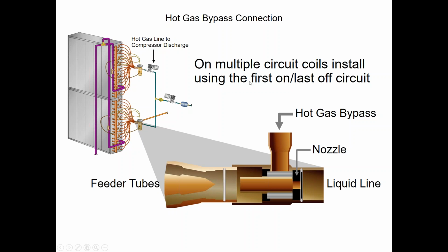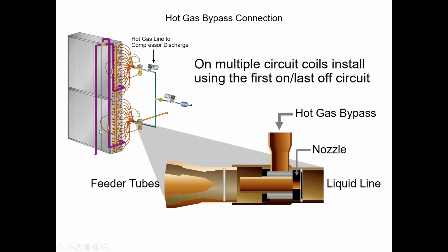And this is probably a good slide to go back to that question. When we look at the coils here, we have two individual coils that are stacked on top of each other. If we look at this as a face split application, then we would literally cut the coils right here and call this our first circuit, or first stage, and call this our second stage.